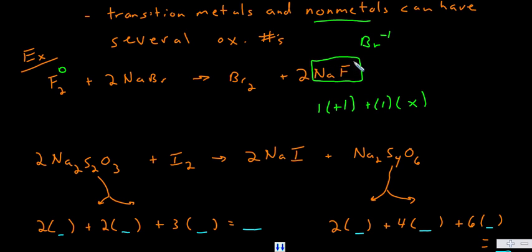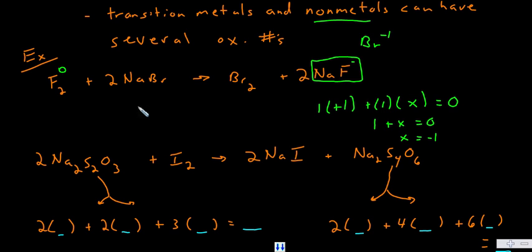The overall charge of this compound is 0. So the combination of all the oxidation states is equal to 0. So 1 plus x is equal to 0. X must be equal to minus 1. And so fluorine is minus 1.